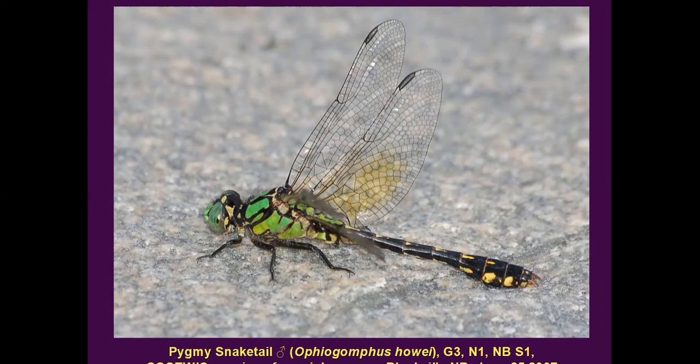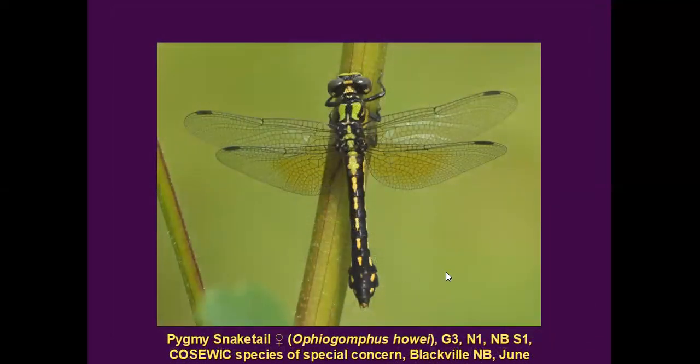Since then it's been found in a few more spots in New Brunswick, but definitely a rare species in Canada. The only other place known for Canada is in the Rainy River district of Ontario. So here's a nice picture of the female.